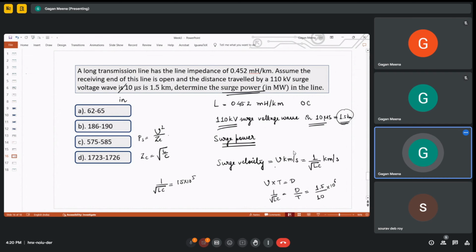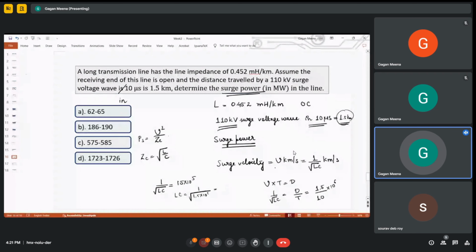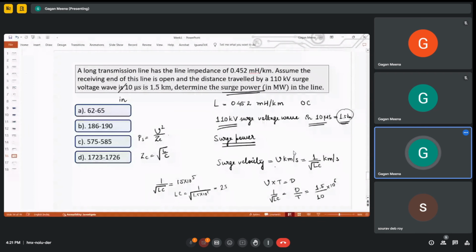And so root LC is equal to 1 divided by 1.5 into 10 to the power 5. How much is this? Let us calculate. The total answer is 387, and the inverse root comes out to be 2.582 into 10 to the power minus 3.